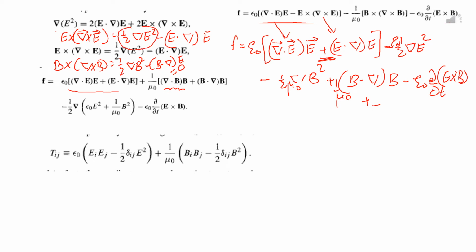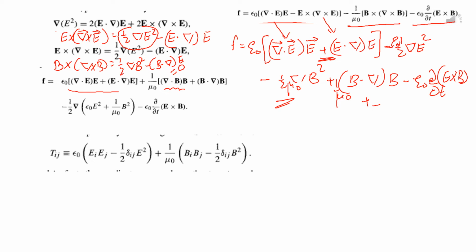The next is the magnetic field term, minus 1 by mu 0 times B cross del cross B. B cross del cross B is half del B square minus B dot del B. So you can see here minus 1 by 2 mu 0 del B square plus 1 by mu 0 B dot del B, minus then the last term, epsilon 0 dou by dou t of E cross B.